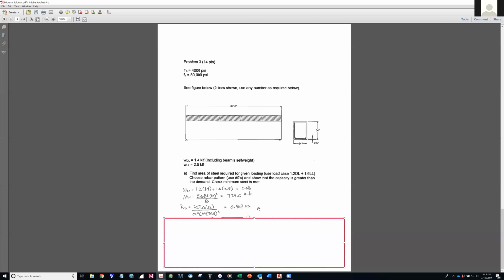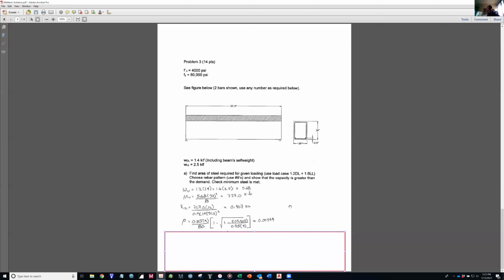I was looking for the recognition that the tables only go to 60. That's why I made this 80. I made this 80 so that you were basically forced to use this equation that I gave you, which is also in the textbook. So because this is 80, you cannot use the tables. You have to calculate what rho is based on this equation.